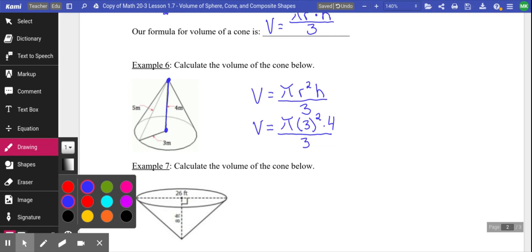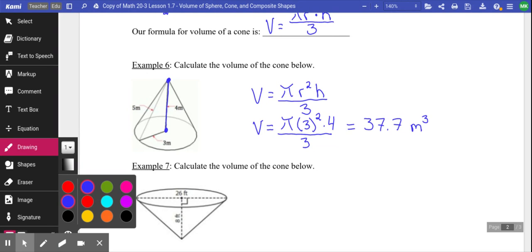That's kind of how they get you. Same with those pyramid questions last time. You got to use the height in the middle. So that's pi times 3 squared times 4 divided by 3. My final answer is 37.7, and that's meters cubed.